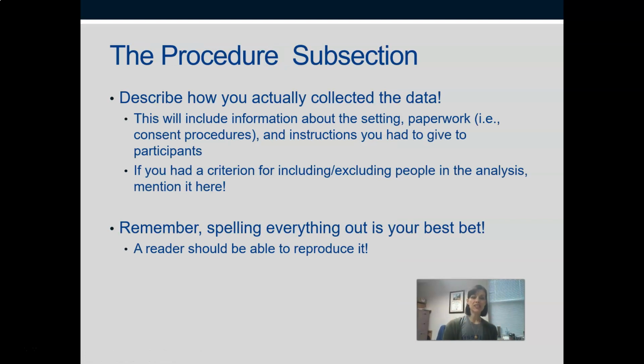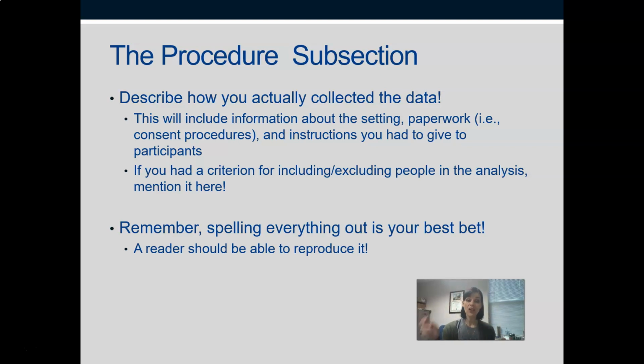So then we go to the procedure. At this point you describe how you collected the data. This will include information about the setting, paperwork, if there were consent procedures, you need to mention that, and instructions that you gave to participants. Additionally, if you had a criterion for including or excluding people from analysis, this is the perfect place to mention it.